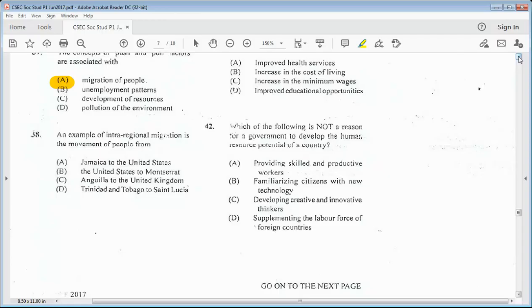So let's look at it. Jamaica to the United States, is that an intra movement of people? A, that would be out.